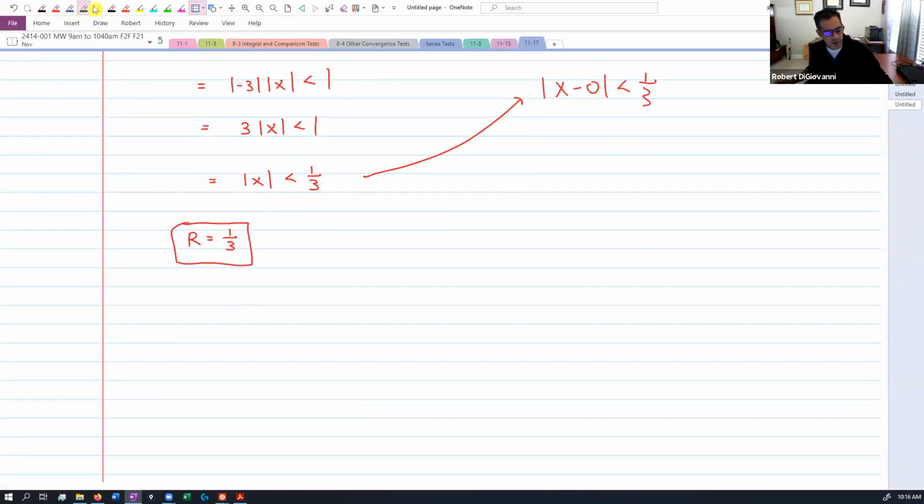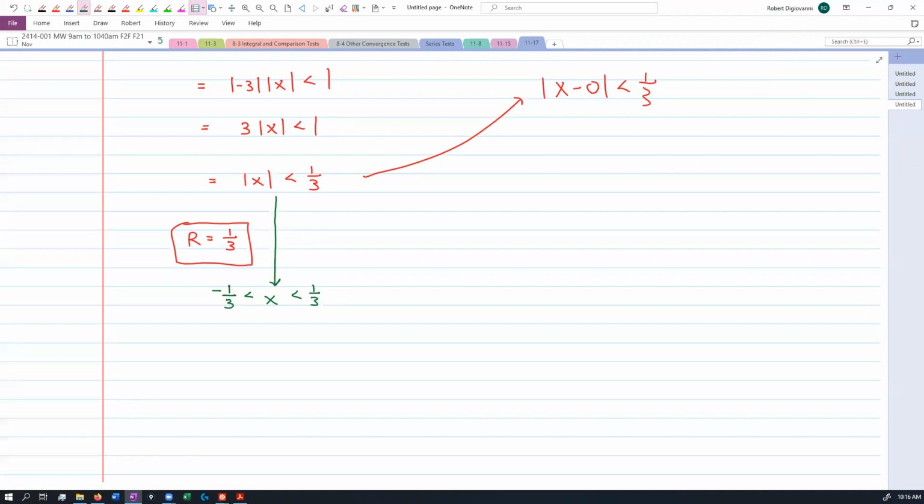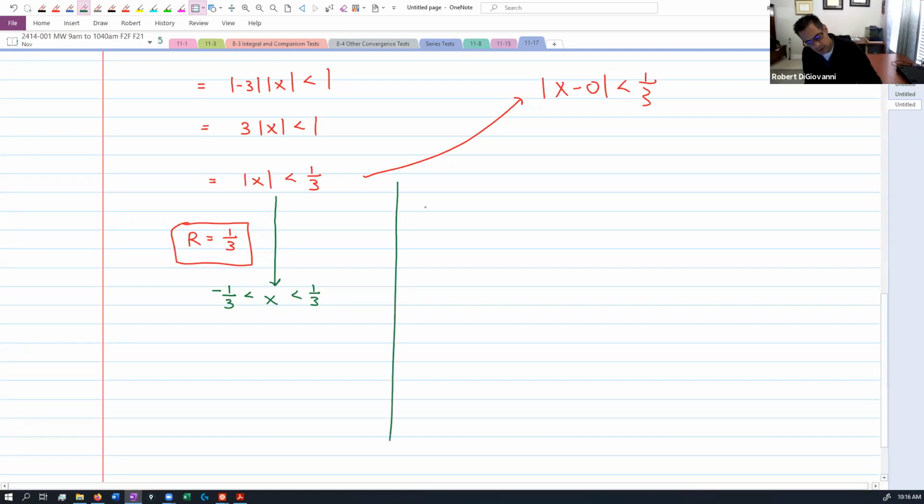So to get the interval of convergence, what I'm going to do is take this, drop the absolute value, and then create over here greater than -1/3. And now what? We test for endpoints. Test both endpoints. So let me test them. Let's start with -1/3.